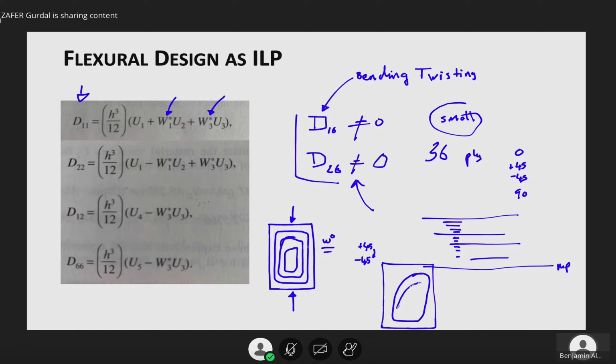So the twisting is going to give you out-of-plane deformations that will be skewed one way or the other.